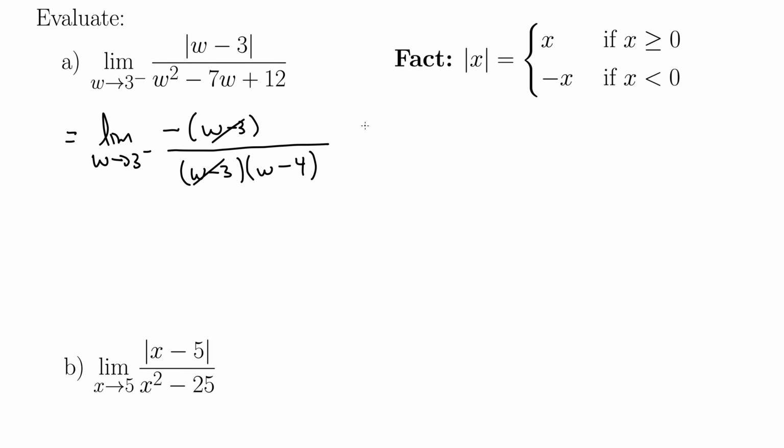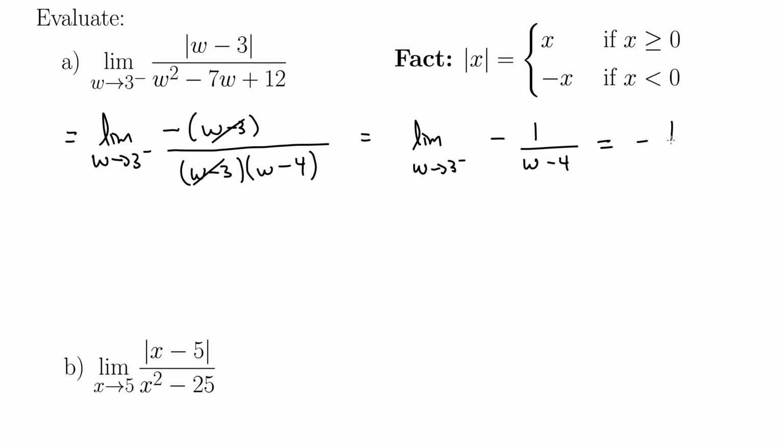There we go. So that brings us to the limit as w goes to 3 from the left, which now it doesn't really matter which direction it's approaching from, of negative 1 over w minus 4. And at this point, it's just a rational function, so we can simply plug in for w.